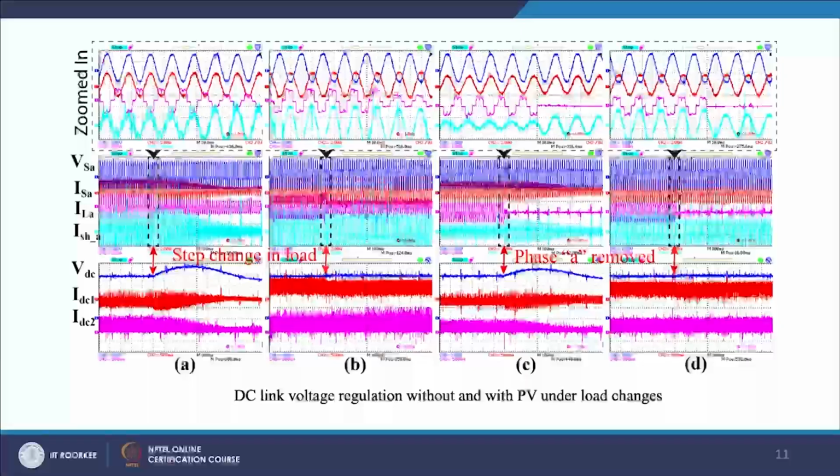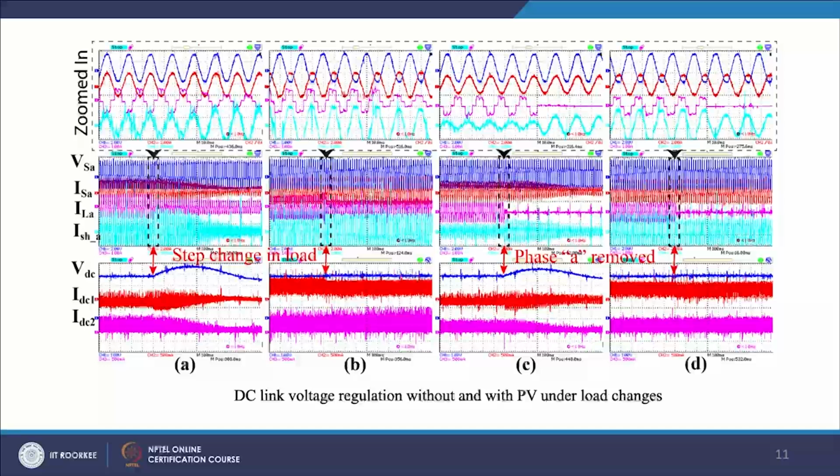In this case, the step change in load is performed without and with an external source at the DC link. In figure A, the load is suddenly decreased without an external source at the DC link. We can observe that the DC link voltage rises when the load is decreased and it takes certain time to reach the steady state value.